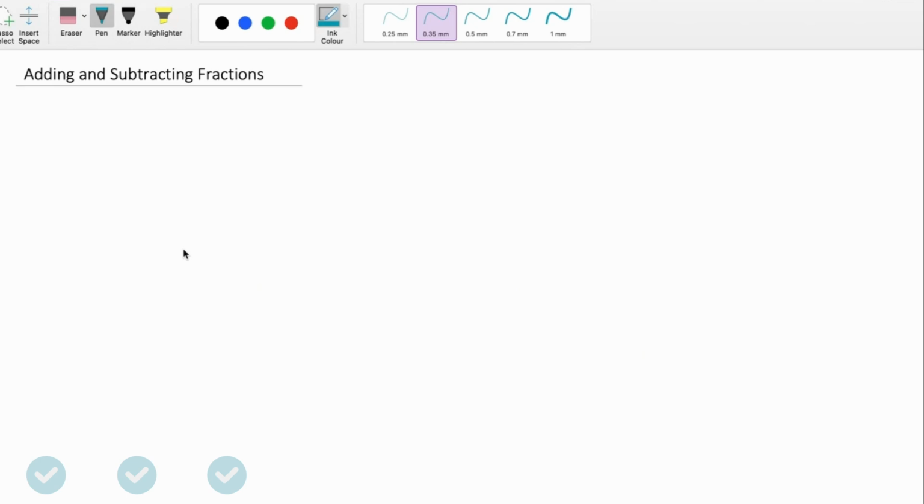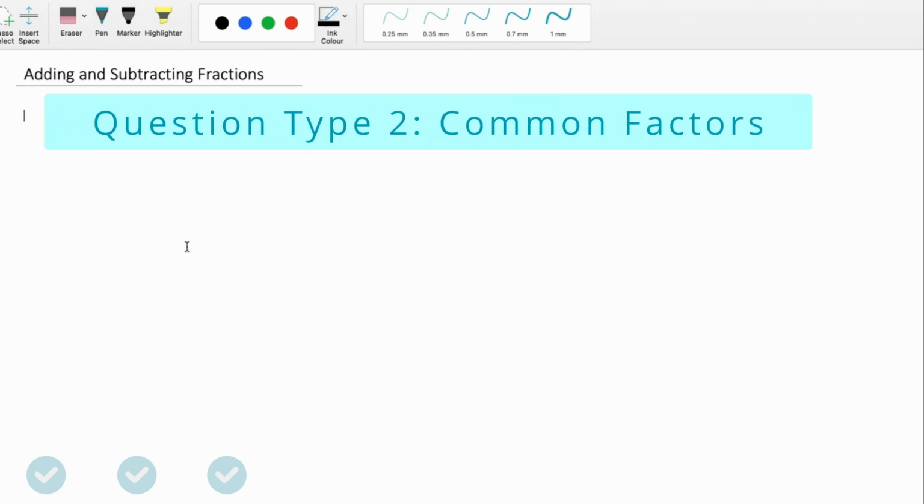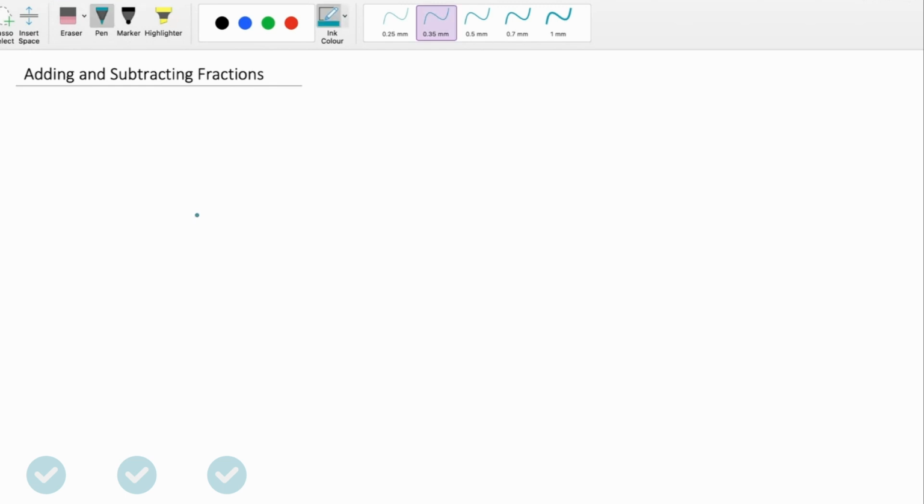Moving on to the second question type, this one is to do with adding and subtracting fractions that have similar factors. Now, for example, if we have 5y over 6 plus 3y over 2. Now here, you can see that in both fractions, they have different denominators.